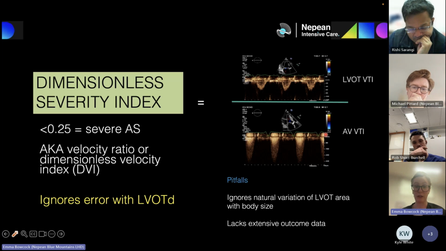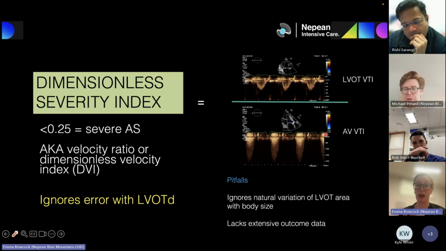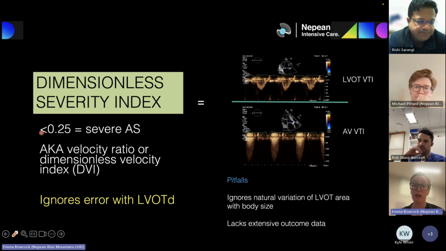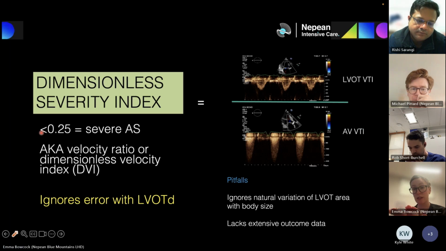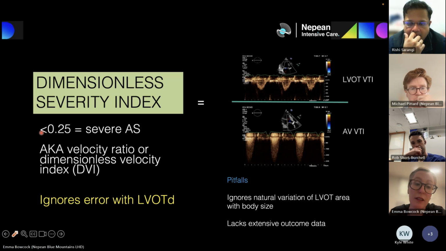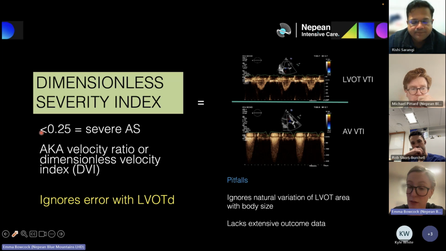And you can imagine, right, if your flow accelerates 4 times through a really small narrowing, then that's going to give you a ratio of less than 0.25. So that's where the 0.25 comes from, because that blood stream that's going through that really narrowed valve is accelerating 4 times, which is what the dimensionless ratio is measuring.